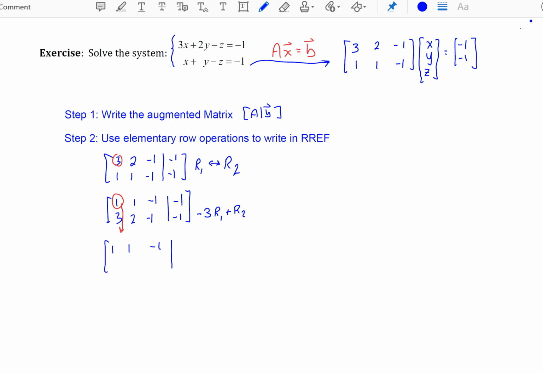When we do this operation, the first row does not change. So we go -3 times 1, add it to 3, we get 0. -3 times 1 is -3, added to 2 is -1. -3 times -1 is +3, minus 1 leaves 2.